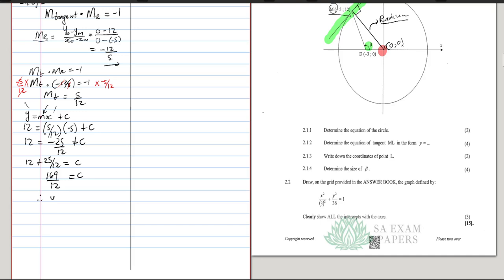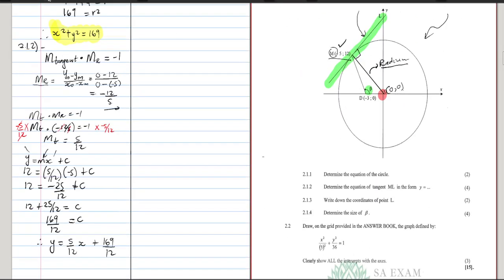Therefore, the equation of the tangent looks like this. The gradient is 5 over 12 x, and then c, that's plus 169 over 12, like this. So that's the equation of the tangent.